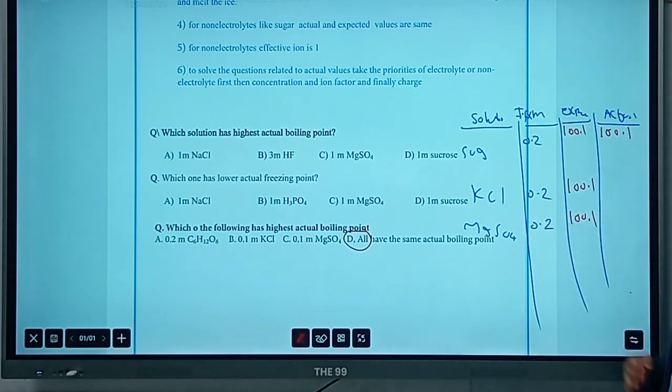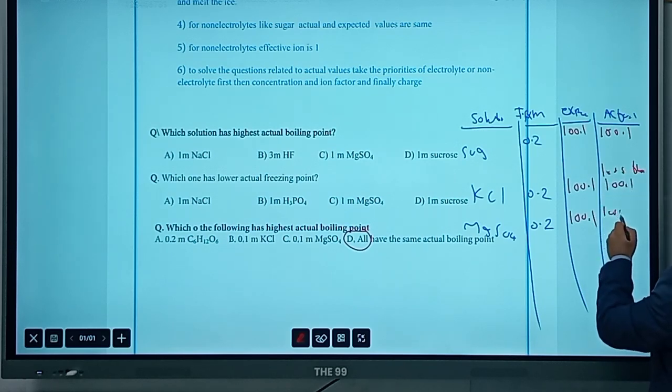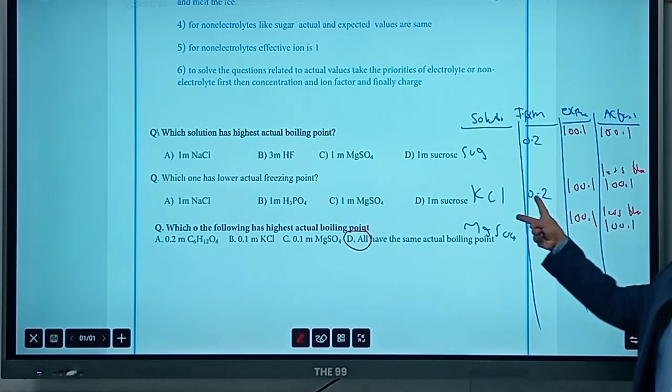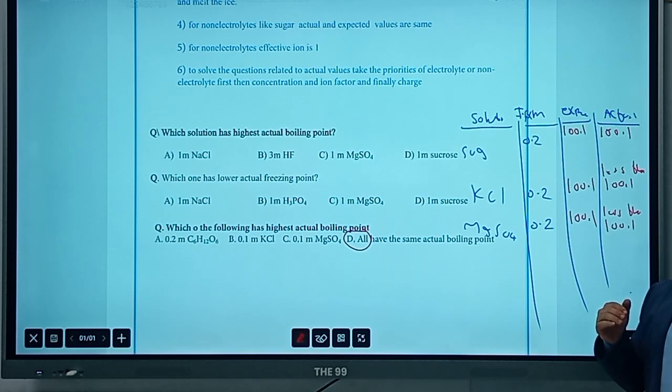But for the KCl and MgSO4, the boiling point is among group 5, and group 5 have a lower actual than the expected. So it must be less than 100.1. Why? Because these are two solutions which are electrolytes. They have a lower actual boiling point than expected.